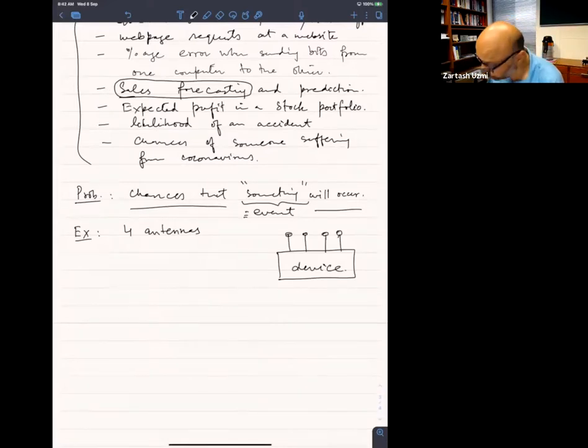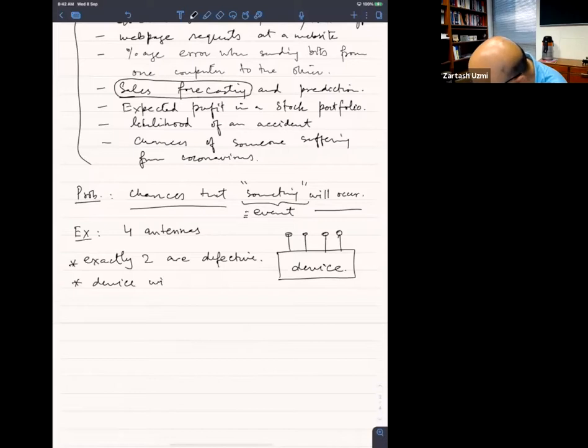So now if I tell you that exactly 2 antennas are defective, the device will work properly.